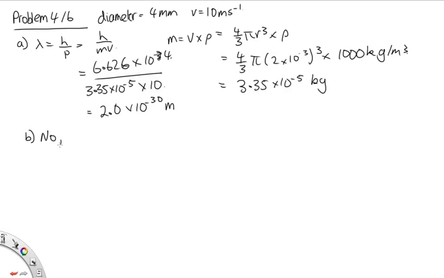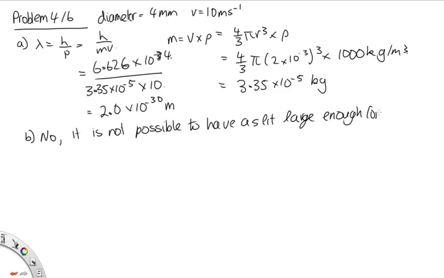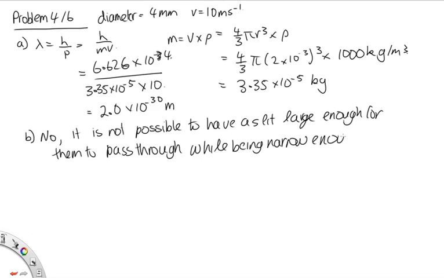So no, it is not possible to have a slit large enough for them to pass through while being narrow enough to cause diffraction.